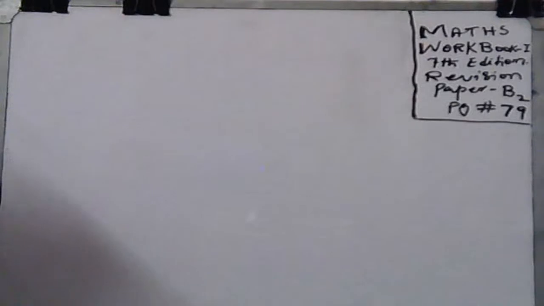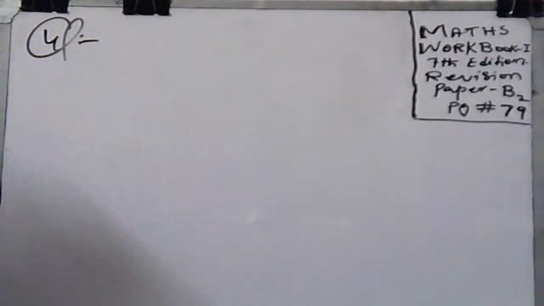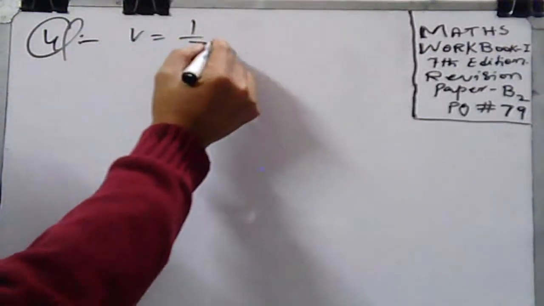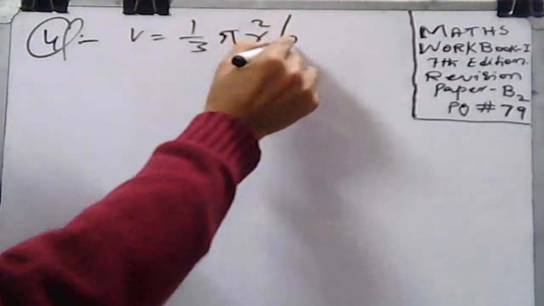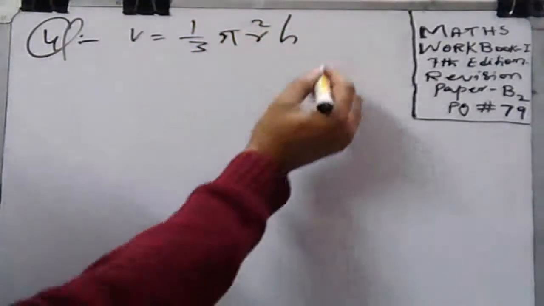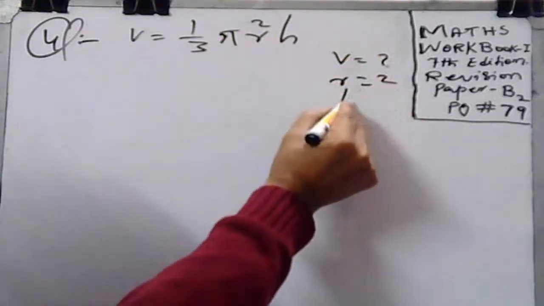Question number 4. In question number 4, the volume is given as 1 by 3 pi r square h, so we have to find the volume if the value of r is equal to 2 and h is equal to 5.